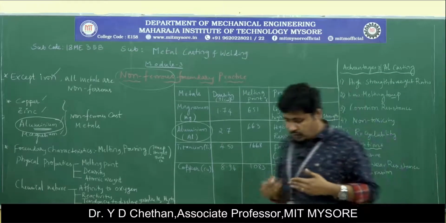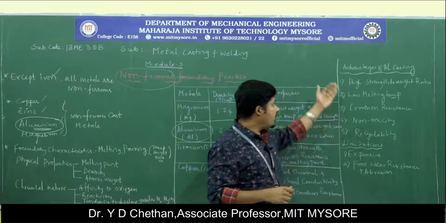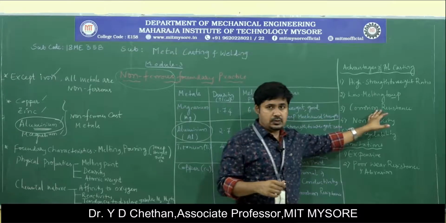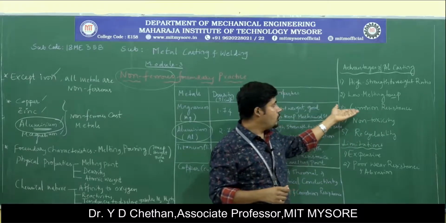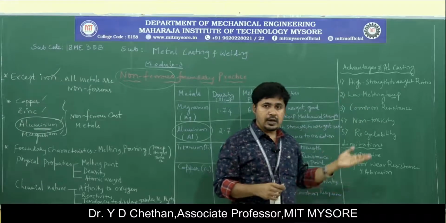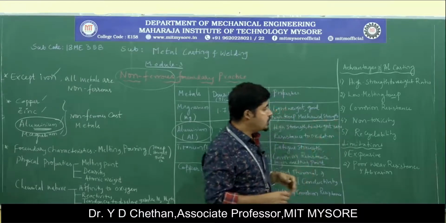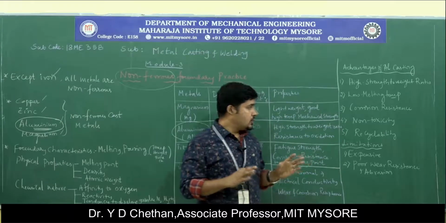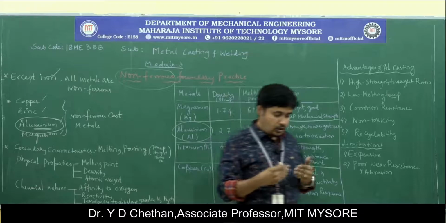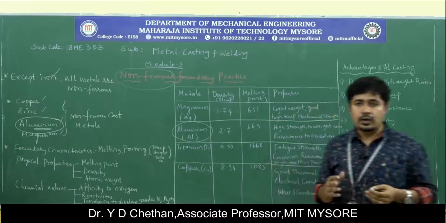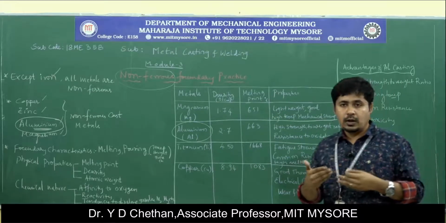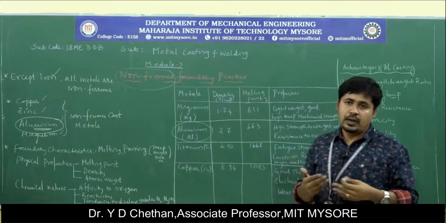That is one more advantage. Then the third advantage is corrosion resistance. That is one more advantage of having aluminum in the casting process. Then the fourth advantage is non-toxicity. Since this possesses the non-toxicity property, it could be used for home appliances manufacturing.